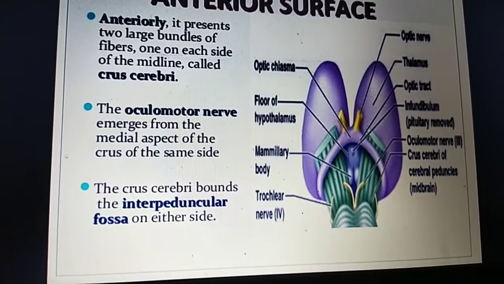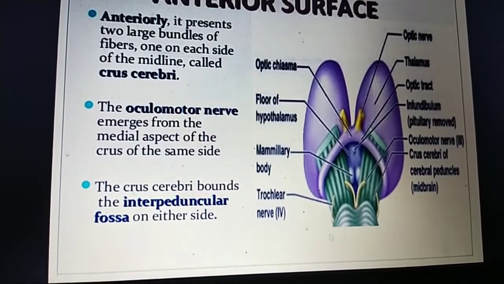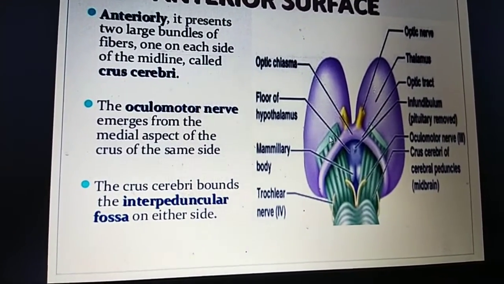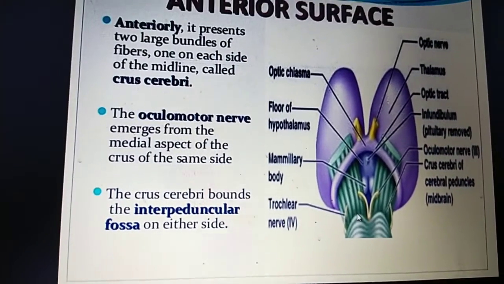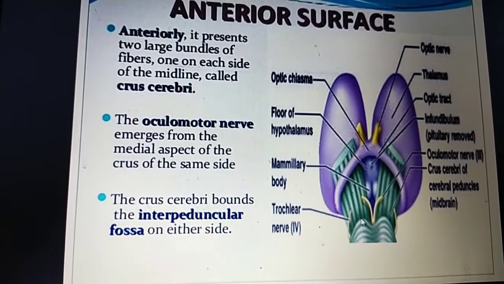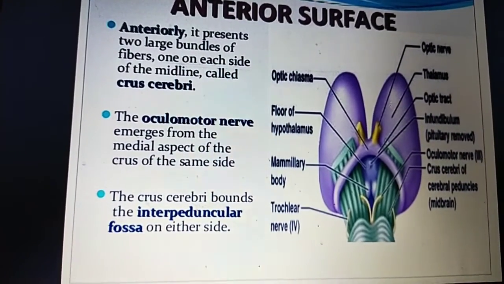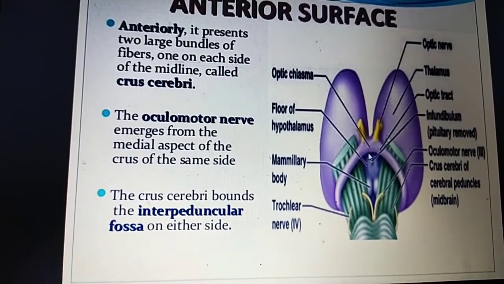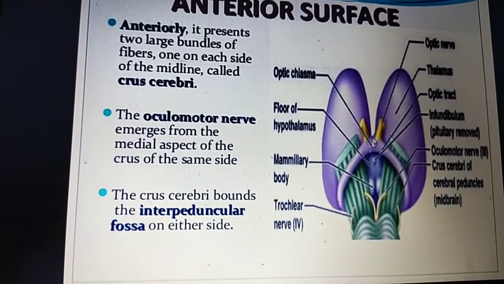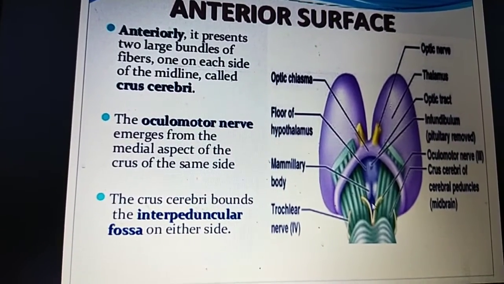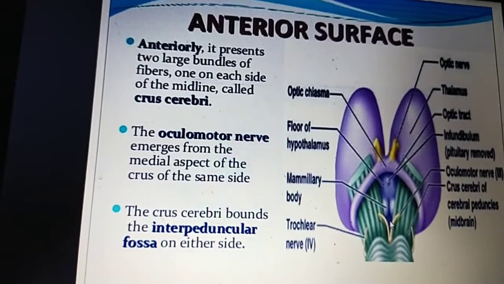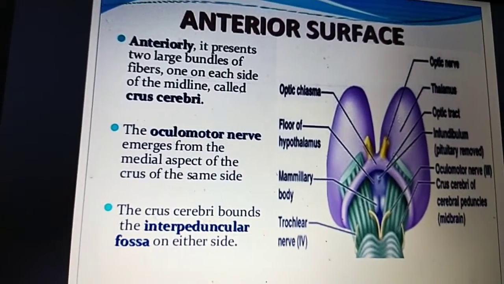These are the two bundles of large fibers, the crus cerebri of the midbrain, and these are present in the anterior. You can see the midbrain here, the optic chiasma, and the optic nerve. This is the optic chiasma, this is the optic nerve, and the optic tract is found like that.